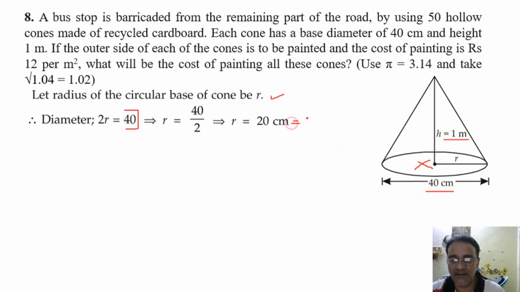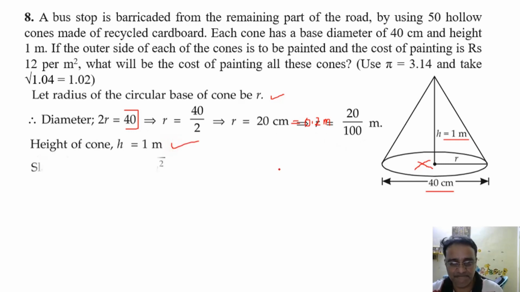So what can we write? 0.2 meter. Clear? Yes, sir. Okay. Now 20 by 100, that is 0.2 meter. Height of the cone is given 1 meter, and we need slant height for calculating curved surface area. So root over r square plus h square. What is the value of r? 0.2.